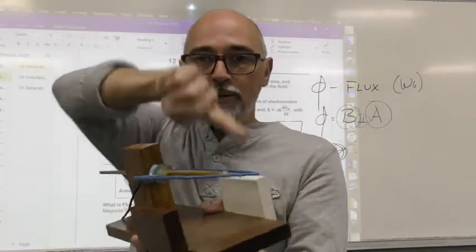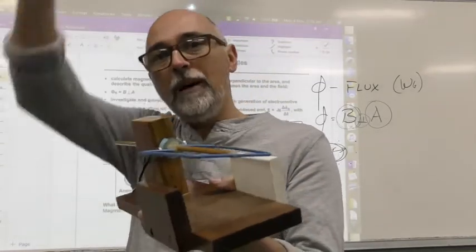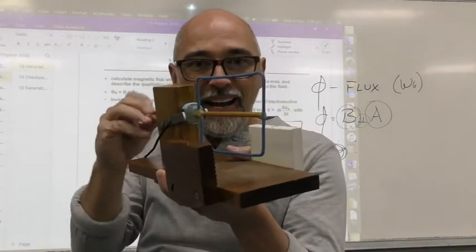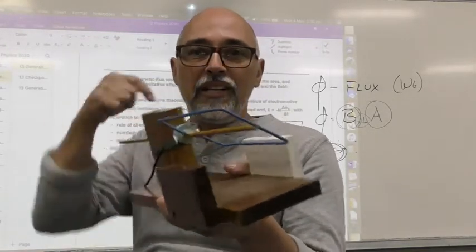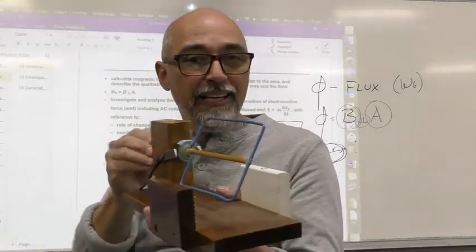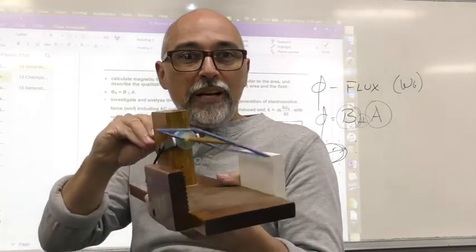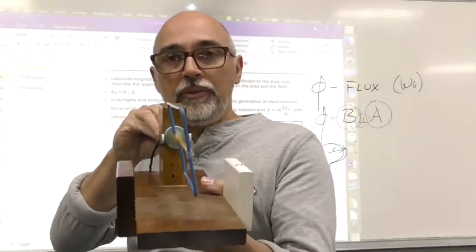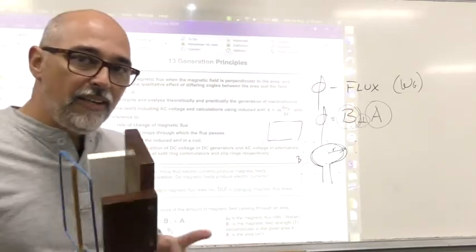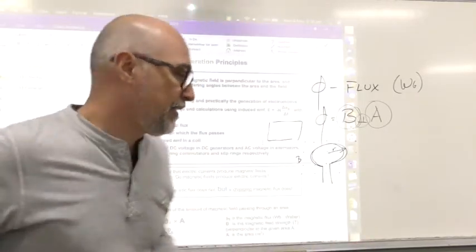You're getting these pulses of voltage to go up and down and up and down. And hence why you end up with current changing direction every half turn. So that is the idea of changing flux.